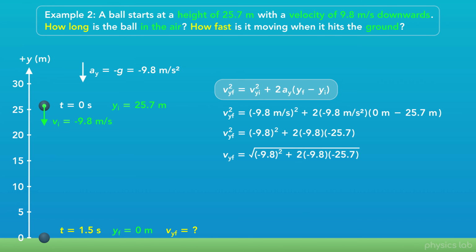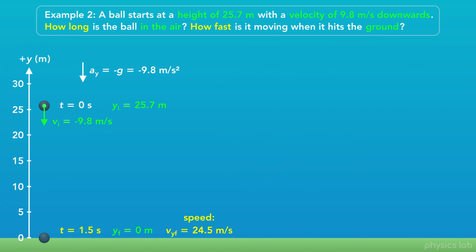If we simplify that a little and then take the square root of both sides, we get 24.5 meters per second for the final speed of the ball, which is what the question is asking for. Since the velocity is in the negative y direction, the final velocity would be negative 24.5 meters per second. So that's the time and the speed when the ball hits the ground.